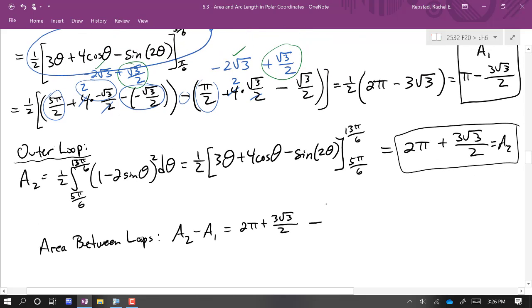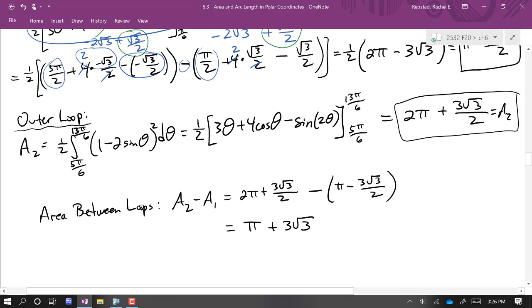Minus A1. So let's see, 2 pi minus pi is pi. 3 root 3 over 2 minus a negative 3 root 3 over 2 is positive 3 root 3. So plus 3 root 3. And that's the area that we're after.